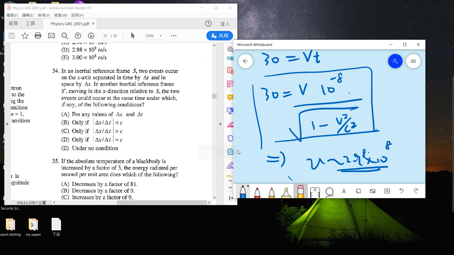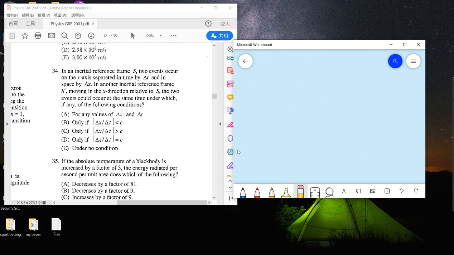Okay, 34. Two events occur separated by delta t in time and delta x in space. Basically, delta x squared minus c squared delta t squared is constant, so at different times the two events could occur at the same time.